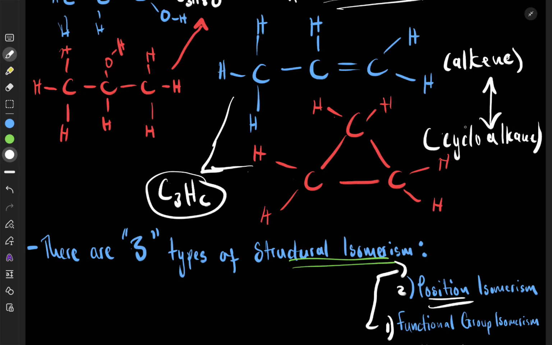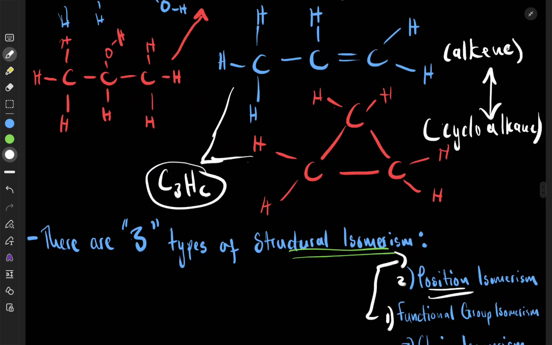Okay, one was a cycloalkane, the other one was an alkene, but they have the very same molecular formula. So here we have them, but these are two different functional groups. So when you see the structural formula actually giving you two different functional groups, and yet they have the same molecular formula, that is functional group isomerism, which is a type of structural isomerism.